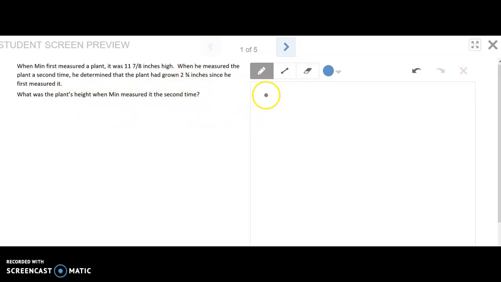So let's start out by writing an expression to represent this situation. So 11 and 7/8 plus 2 and 3/4. I have to use what I know about adding mixed numbers and apply it to this problem. We've talked about how mixed numbers have a whole number part and a fraction part.